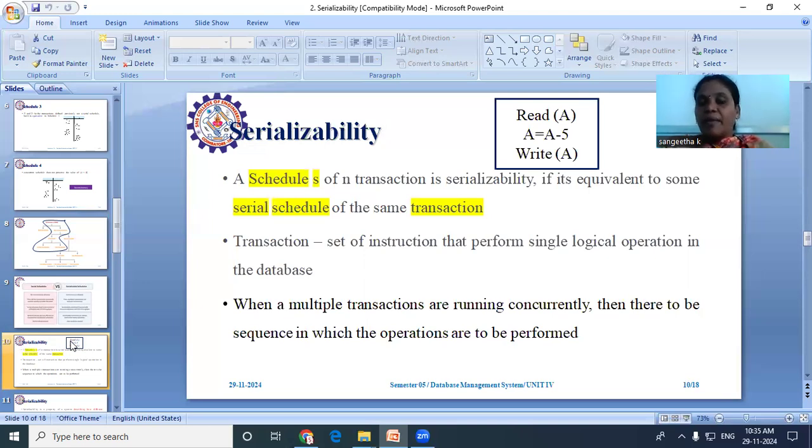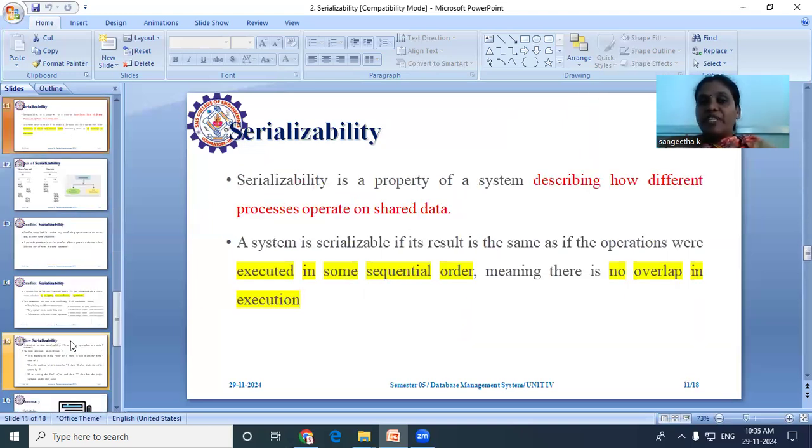When multiple transactions are running concurrently, the operations must follow a sequence. So serializability is a property of a system describing how different processes operate on common shared data. A system is serializable if its result is the same whether operations execute in the same or sequential order.